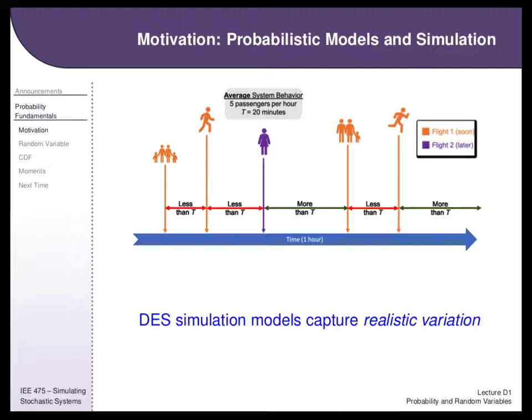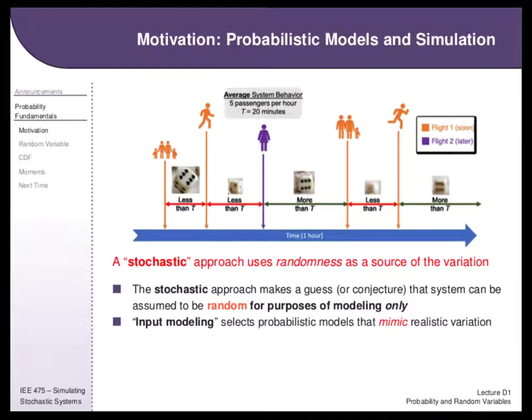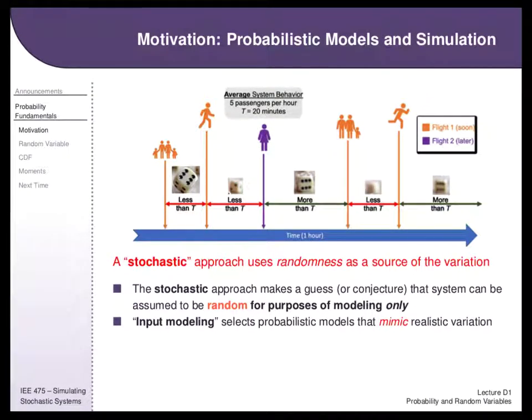Sometimes they arrive sooner and sometimes later, sometimes in groups of 4, sometimes alone. So there's a lot of variation in reality, and that variation can be very challenging. As opposed to modeling the variation directly, we can indirectly model it with this stochastic approach, where we just assume that this variation is sourced randomly, even if it's not actually sourced randomly.